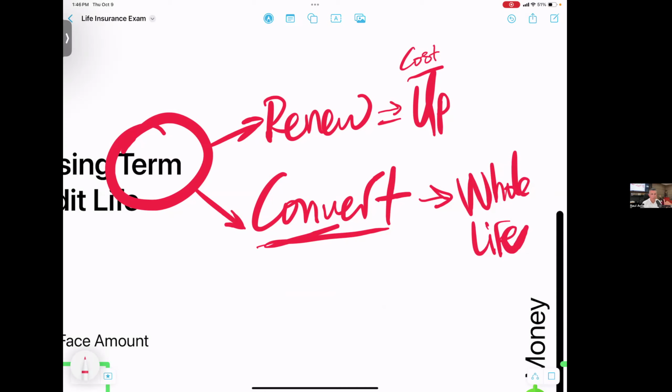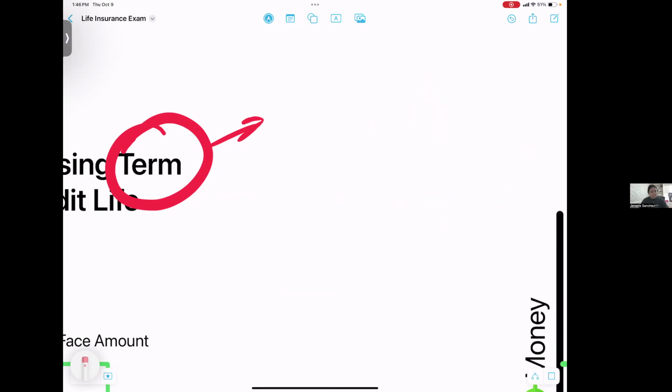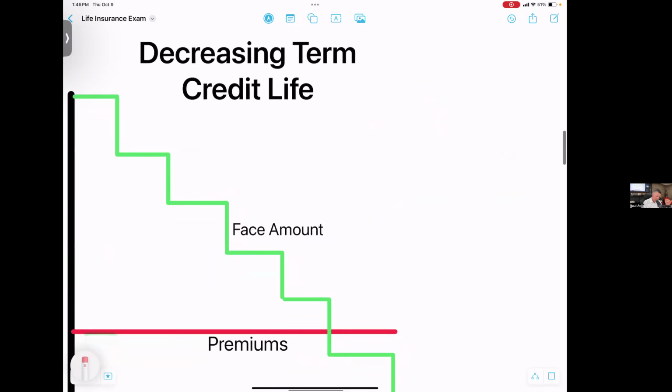You're converting it to a whole life and you don't have to show insurability either. So you don't show insurability on either one. On the test, that's test world. Got it? Any questions on this? All right, let's go back to this.